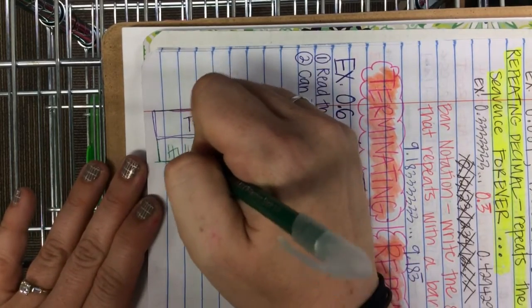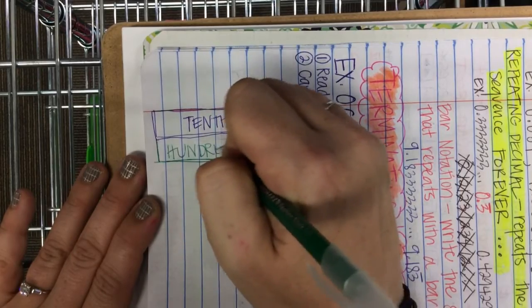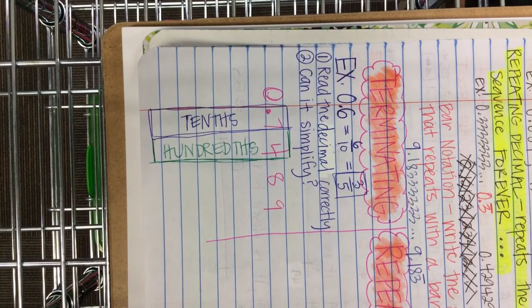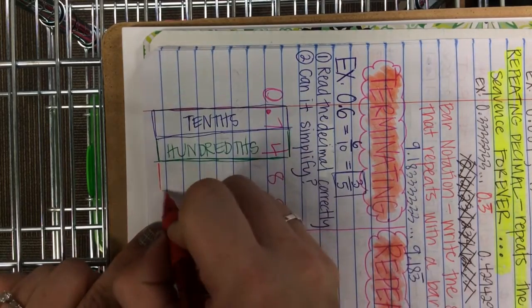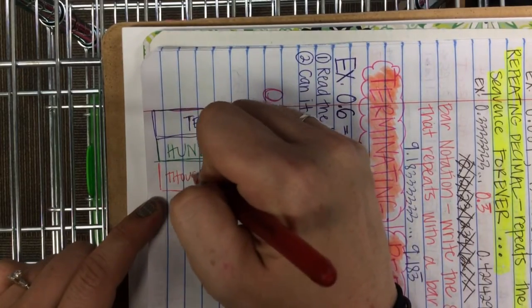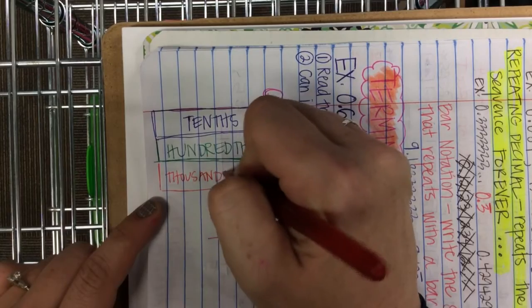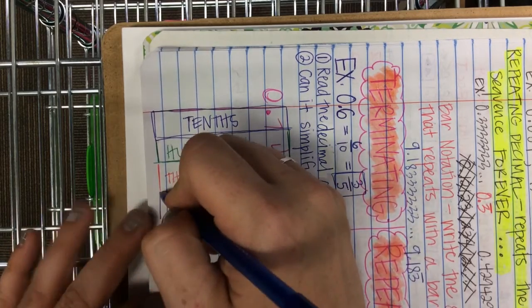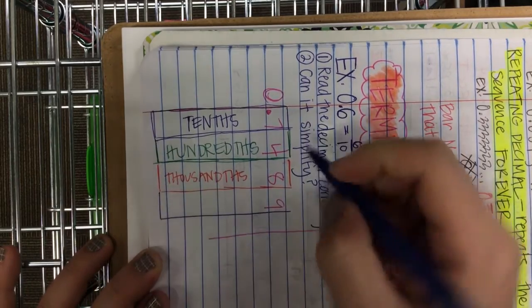Hundredths. Haley, can you tell me about the 8? Thousandths. Refugio, tell me about the 9. Ten thousandths. I don't think you'll have anything in the ten thousandths, but you never know.